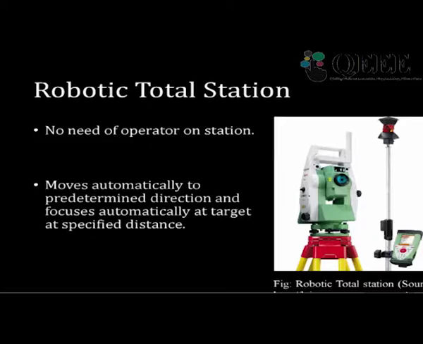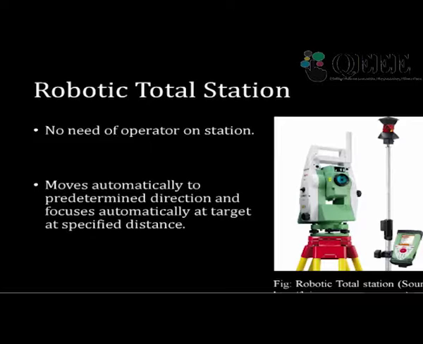In a robotic total station, there is no need of an operator at the station. There can be a radio telemetric connection between your instrument and the prism target. So ideally only one person is sufficient to carry out the entire survey. It moves automatically to the predetermined direction and focuses automatically on the target at a specified distance.